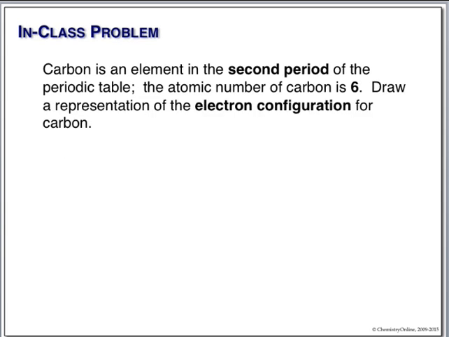All right, let's go ahead and use carbon as an example. And why don't you just write the electron configuration? Look at our periodic table here. We're in row 2, and we are atomic number 6.